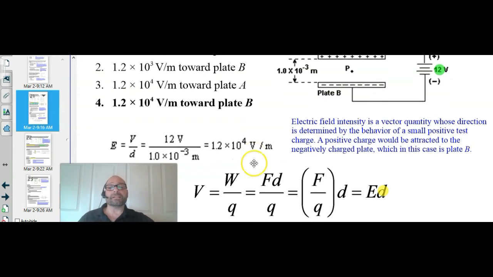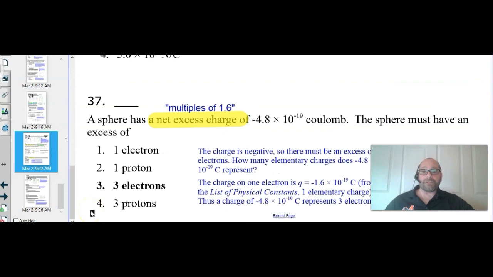Okay, let's take a look at another problem. Here's another question about the multiples of net excess charge. A sphere has a net excess charge of negative 4.8 times 10 to the negative 19 coulombs. The sphere must have an excess of how many something, electrons or protons. Well, 4.8 is a multiple of 1.6.